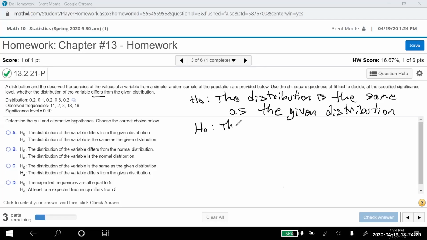So the alternative is always the distribution differs from the given distribution.